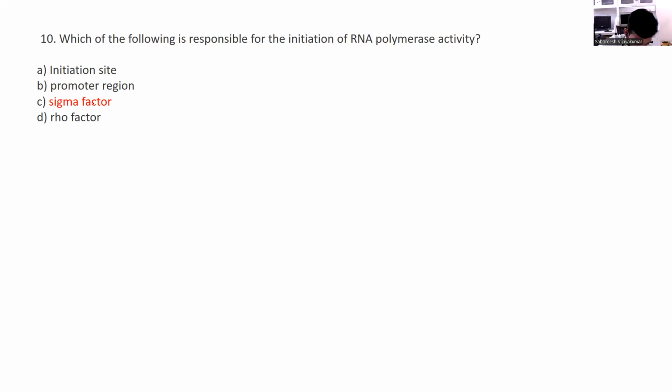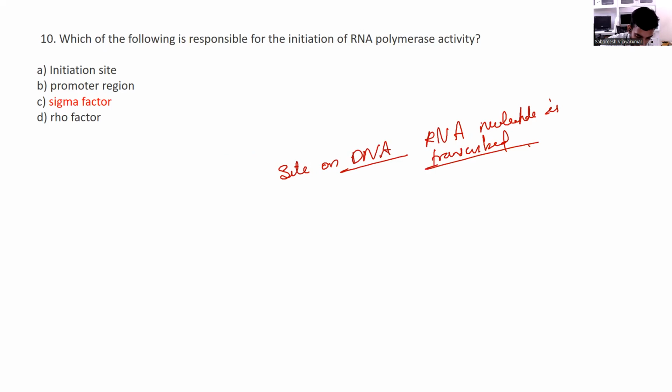So what is the initiation site? The initiation site is a site on the DNA from which the first RNA nucleotide is transcribed. So it is called the +1 state or the initiation state.